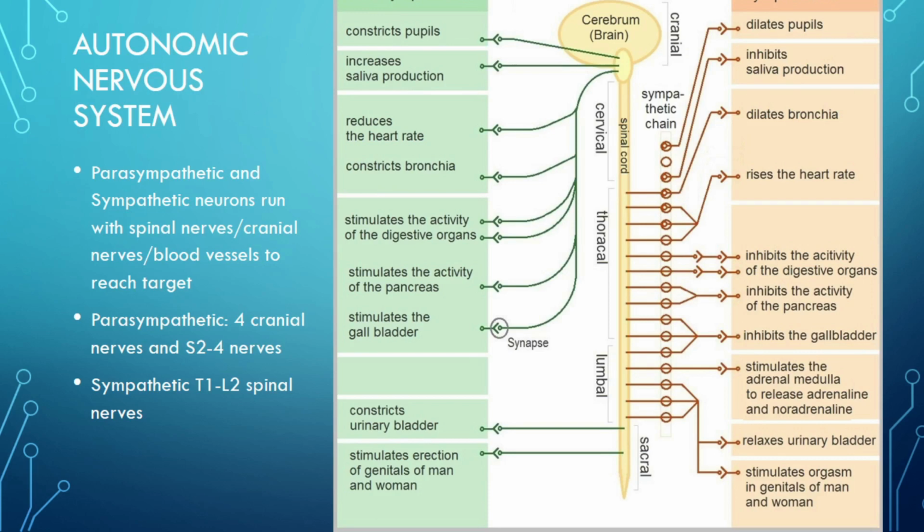It's also important to note at this section that part of your peripheral nervous system includes your autonomic nervous system.